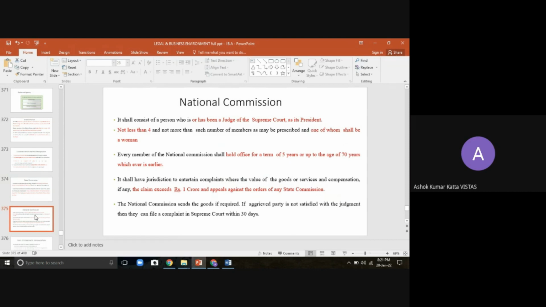So in the national level commission, they will file cases and receive cases where the losses are a minimum of 1 crore or above, and those cases will be viewed seriously at the national level commission.